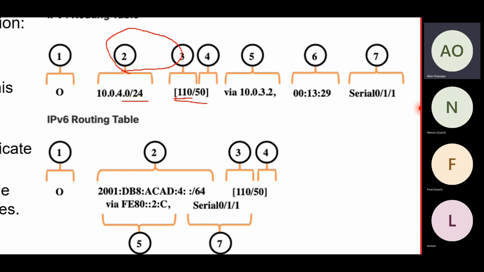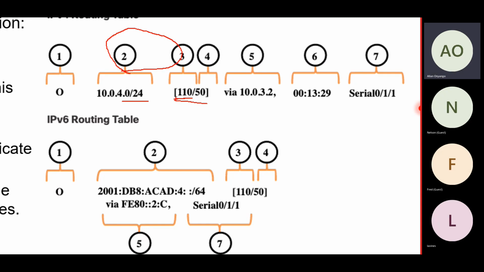An administrative distance is the trustworthiness, how much that route is actually trusted. So the trustworthiness of a certain route is what is called the administrative distance.